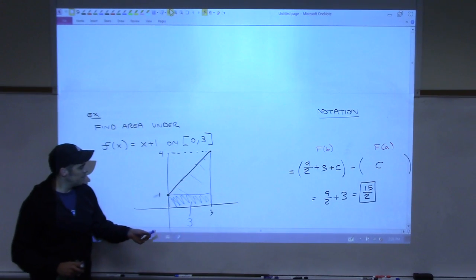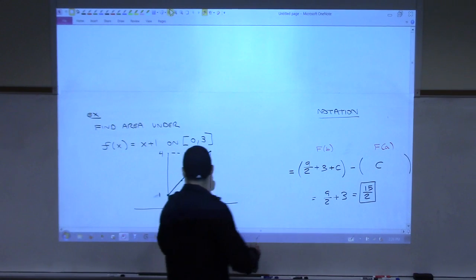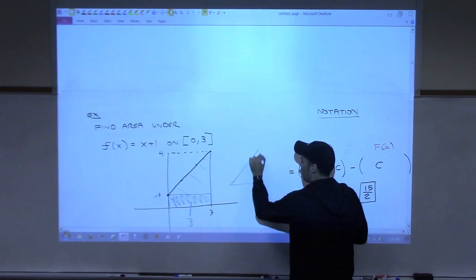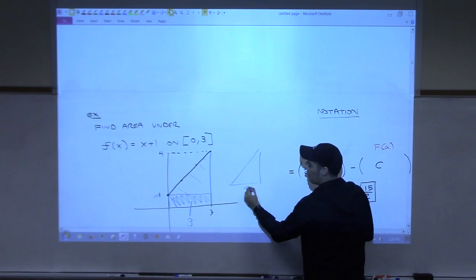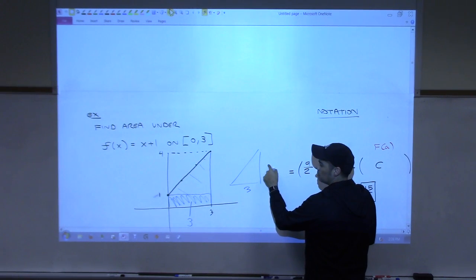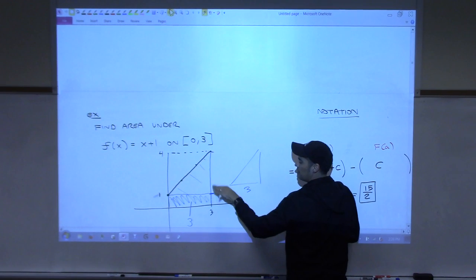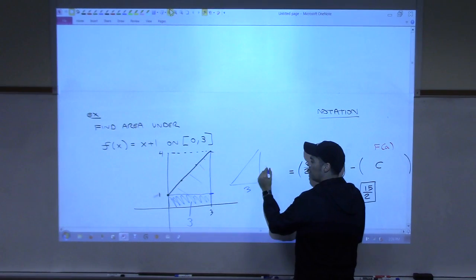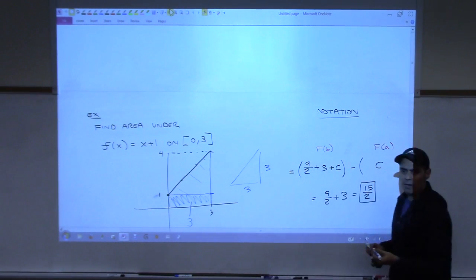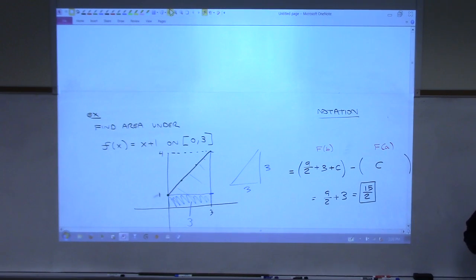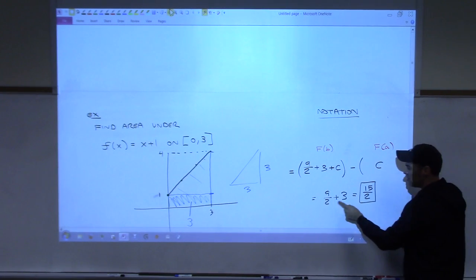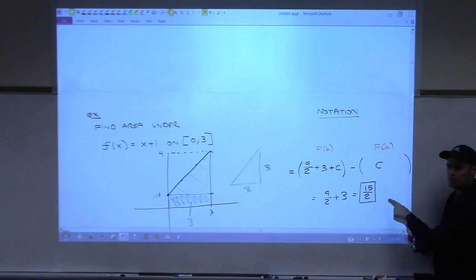Let's see, is it? If you just look at that little triangle there, what's the base? 3. What's the height? You're going from 1 to 4, that's 3. 1/2 base times height, 9/2. 3 plus 9/2, 15/2. Worked.